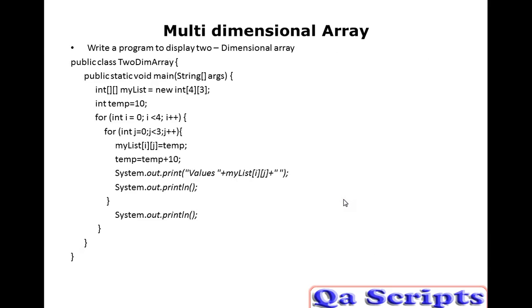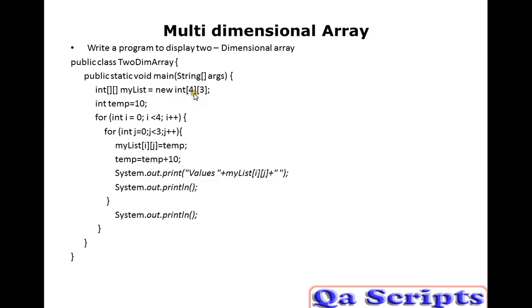How to retrieve the values of a two-dimensional array? Here is the interesting point. If you use a two-dimensional array, you have to use a nested for loop, meaning a for loop inside another for loop. Here I have given one example where I have declared my list, that is a multi-dimensional array.